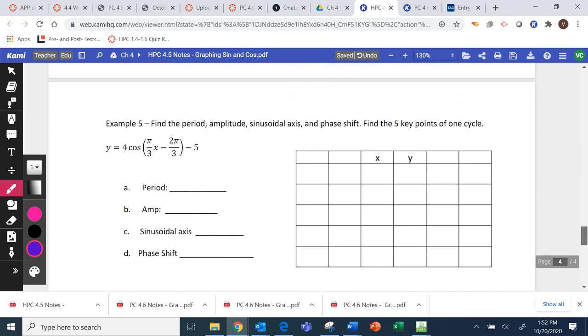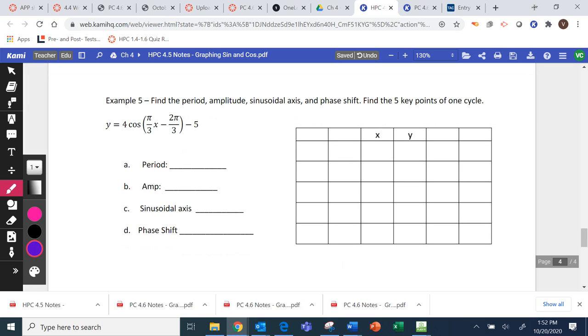All right, we are on example 5. For this one, we're not graphing it. We're just finding period, amplitude, sinusoidal axis, and phase shift. And then find 5 key points. So to find those 5 key points, we will use the table to do the transformations.